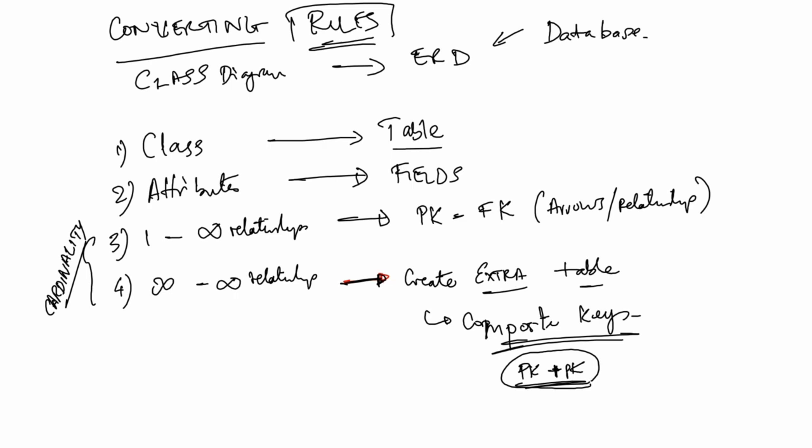It has to link every line. So order line has to link to a menu. So that's many orders, order line, to many menu items.